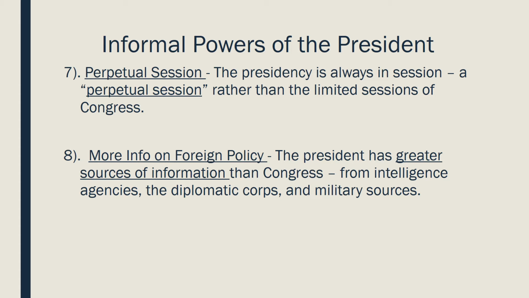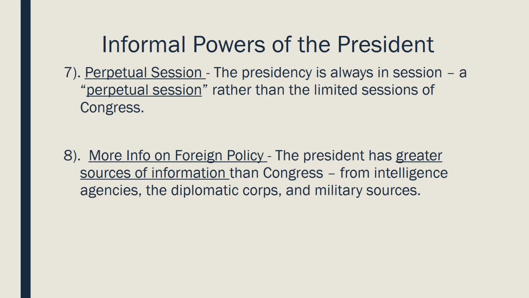And these people directly advise the president. This means that the president, in making their decisions and in trying to shape policy, has a greater level of information than Congress does.